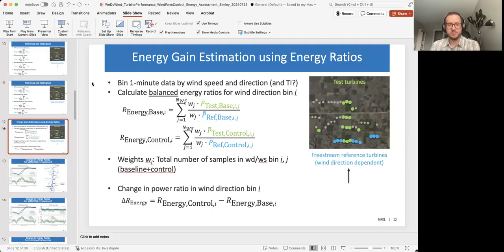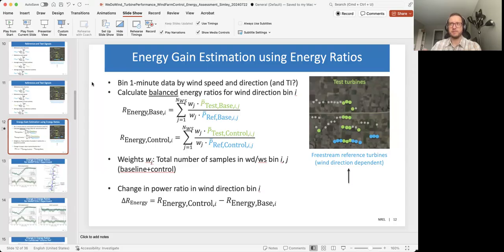Just because the turbine is measuring 10 meters per second, maybe the true free stream wind speed is 11 meters per second. That's an extreme case, but we're not too concerned about that because we still have a consistent wind speed measurement between our baseline and control periods.